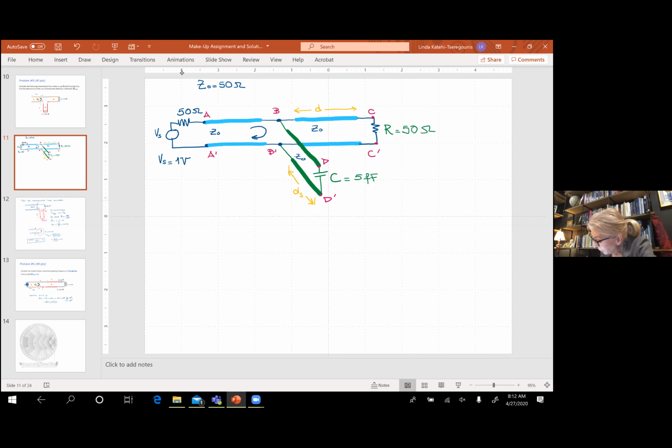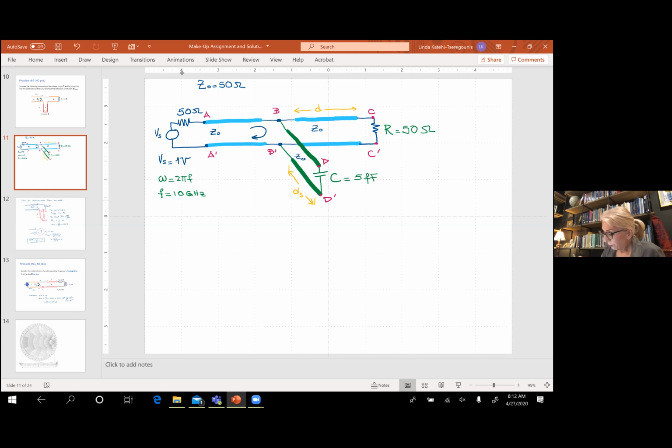And since omega is 2 pi f, I give you f to be 10 gigahertz. So that's what I have here, and I would like to find D and D sub s.